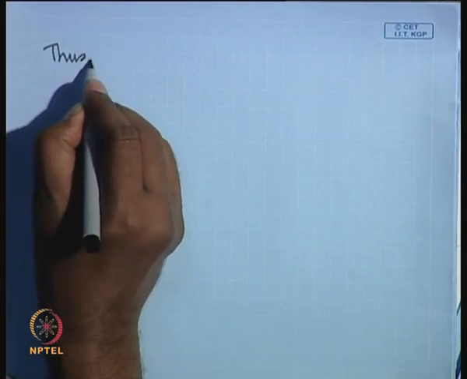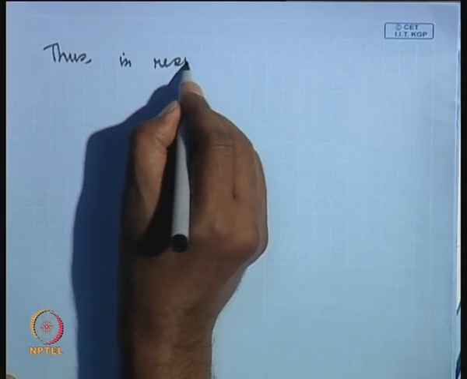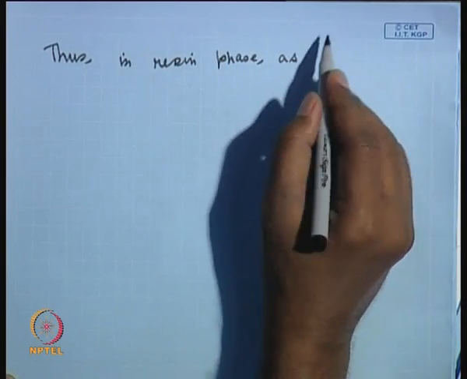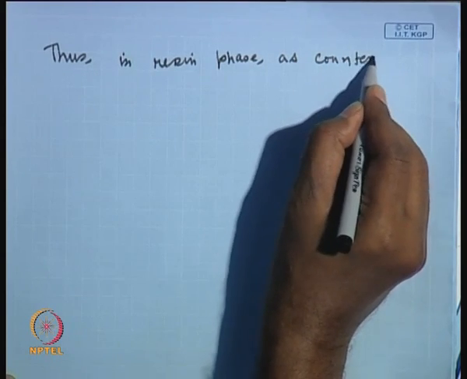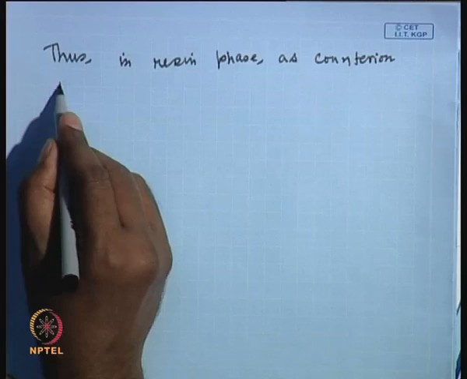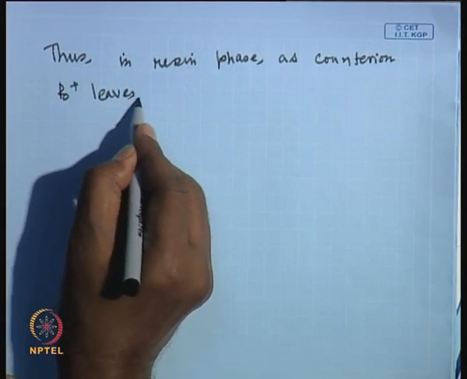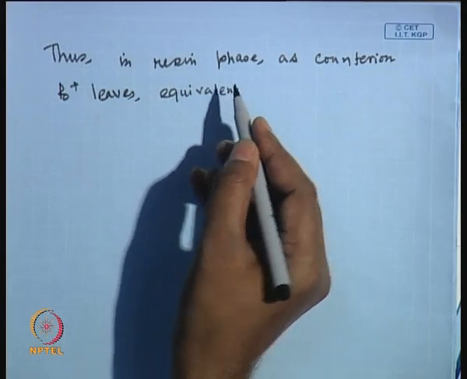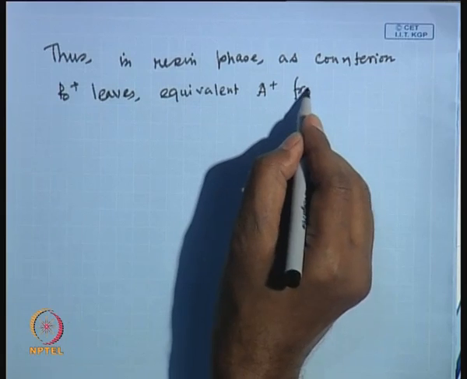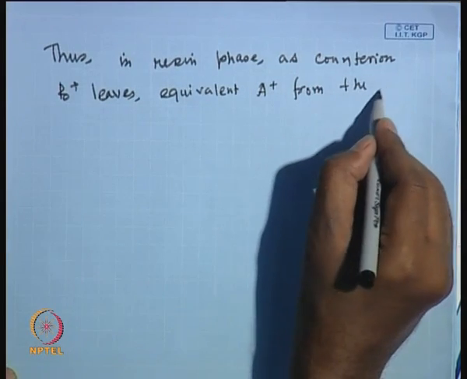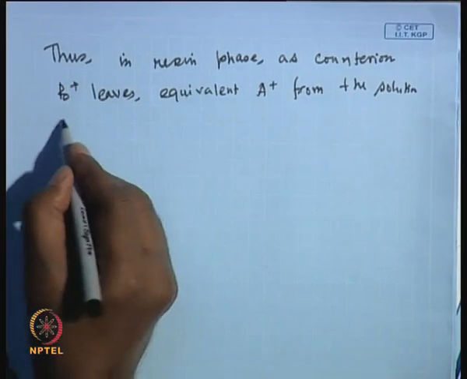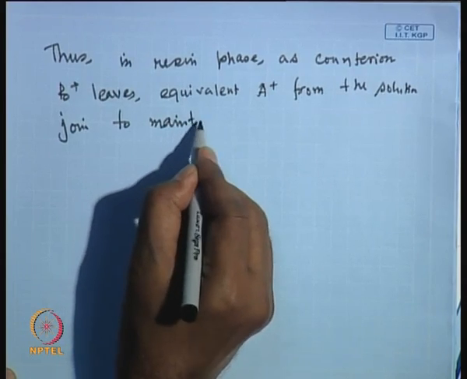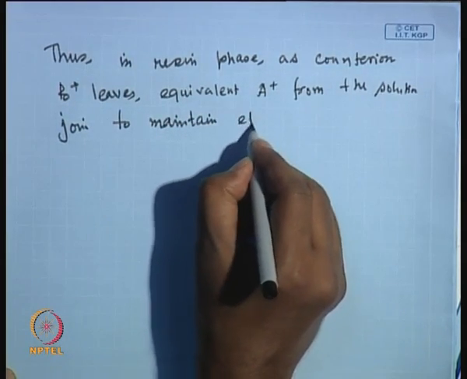Thus, in the resin phase, as counter ion B plus leaves, equivalent A plus from the solution joins to maintain electroneutrality.